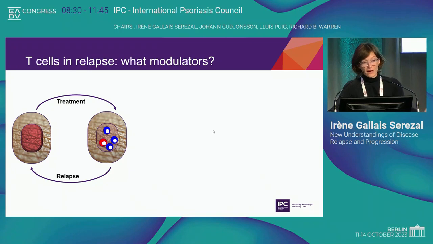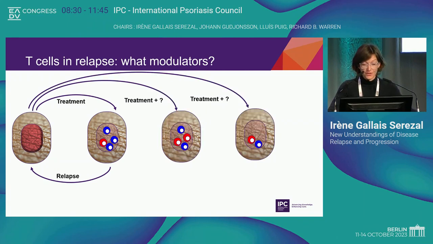Okay, so we have a disease memory, and we know it's not only T cells, but much of it is in the T cells that are retained in the epidermis. So what could we do? Could we change the populations of the T cells?